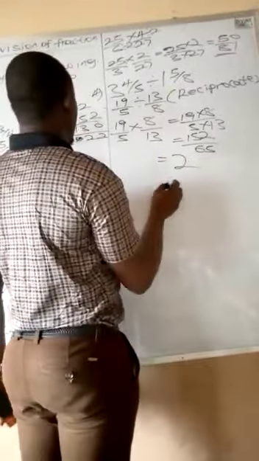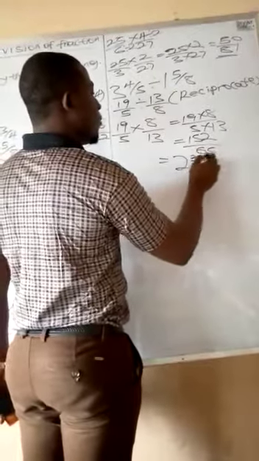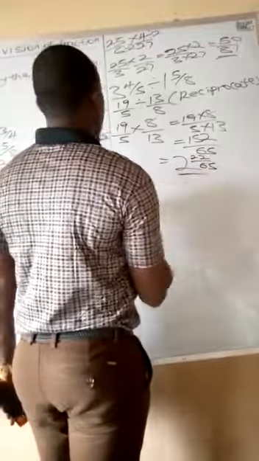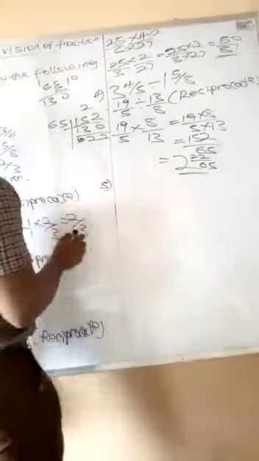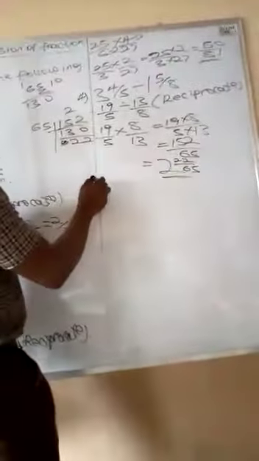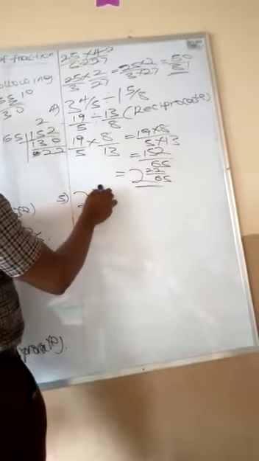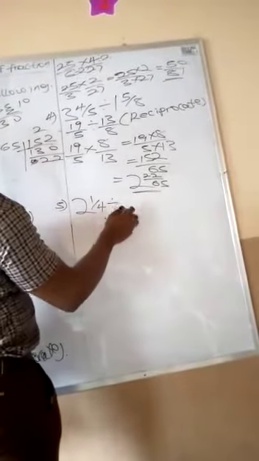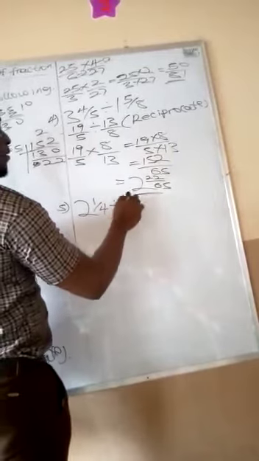So we have 2 whole number 22/65 as our answer.